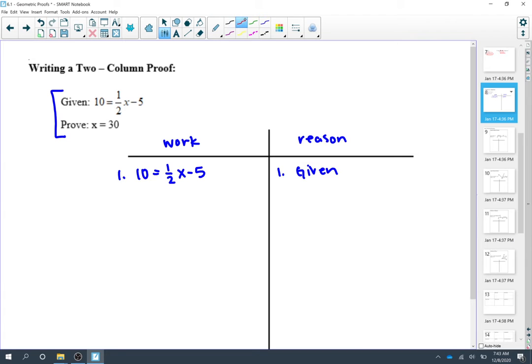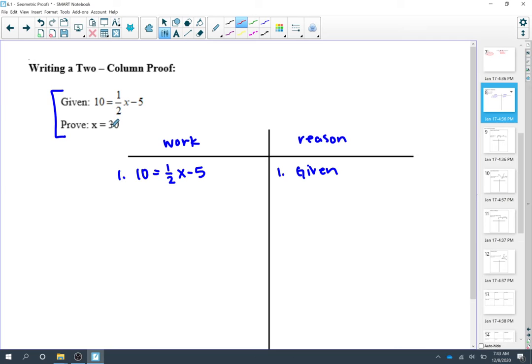Now, in doing this proof, you have to show me every step, one step at a time. No skipping things. Pretend that I'm in like first or second grade and I don't know anything. So you have to be very explicit. And at the moment, we're trying to prove that x is 30. We don't know this, okay? So pretend that this isn't here.